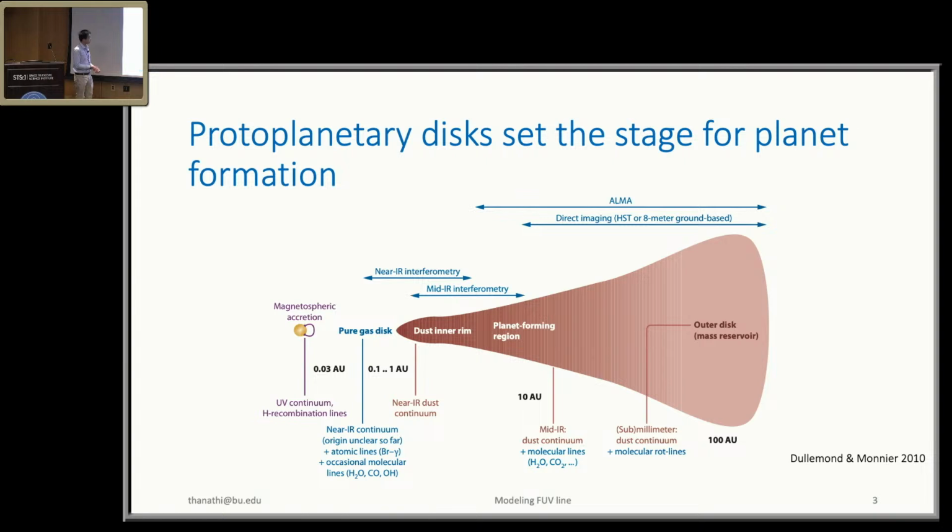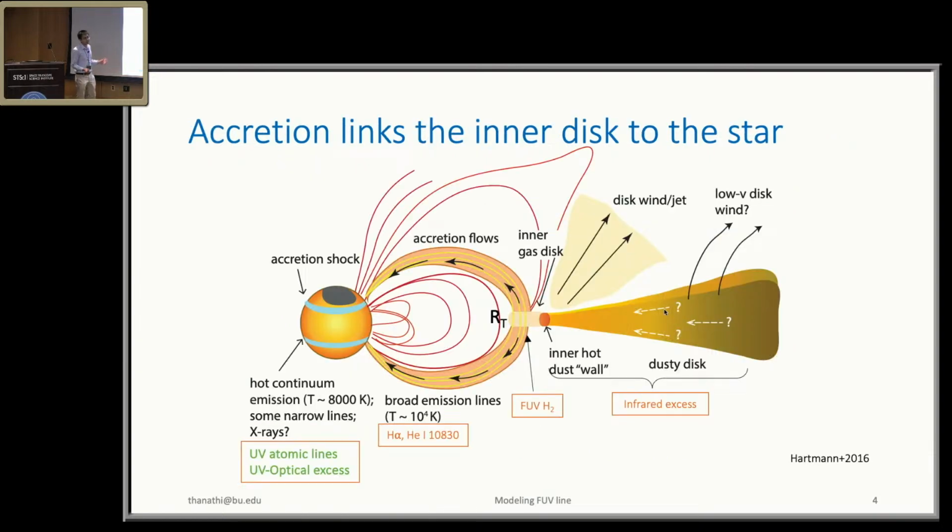That inner region of the disk is directly connected to the star through magnetospheric accretion in T-Tauri stars. Kelly and Nuria have already mentioned this figure, I don't know how many times. But this is the original version without the chromosphere, but it's there, the chromosphere is there.